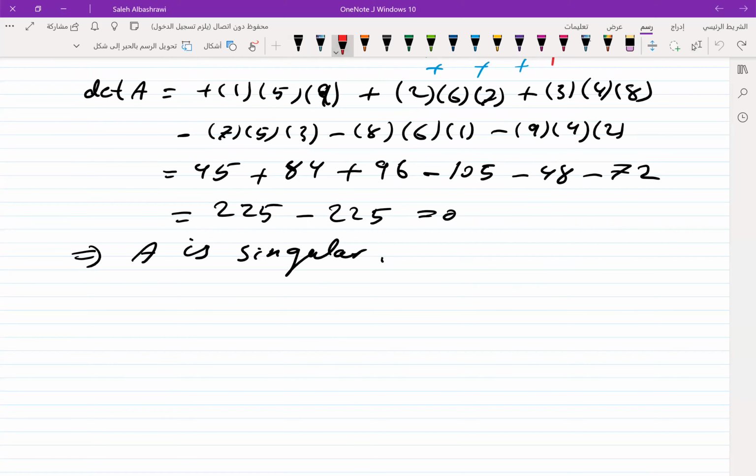Let's select another matrix, number 2. B is given by 1, 3, minus 15, 0, minus 1 and 5, and minus 1, minus 2.